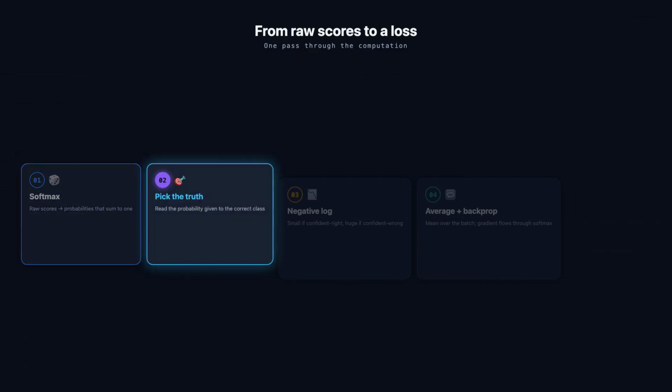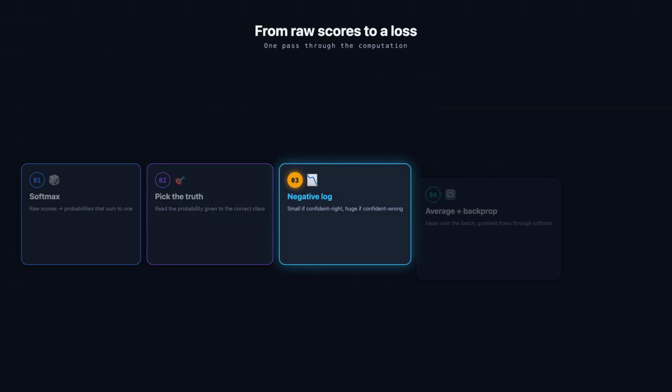Then we look at just one of those probabilities, the one the model gave to the true class. If the right answer was cat, we ignore everything else and read off exactly how much probability landed on cat. That single number is the whole story of whether this prediction was good.